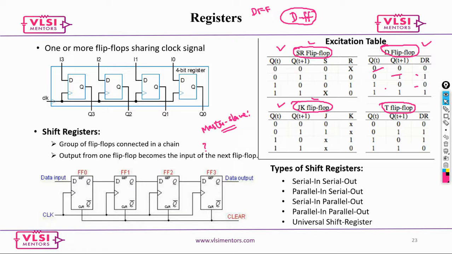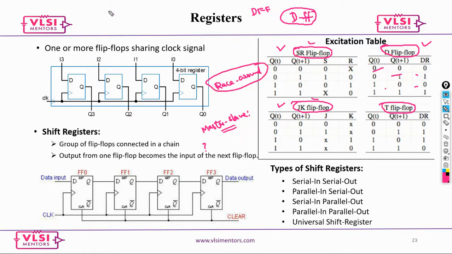Exactly, to avoid something called race around condition. If you analyze your JK flops or whichever flops you are going to be using, there is something called race around that you would be seeing.